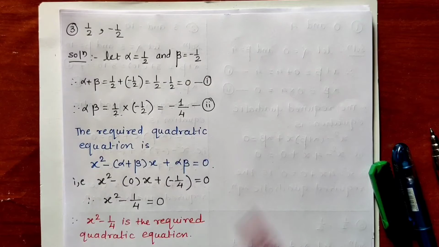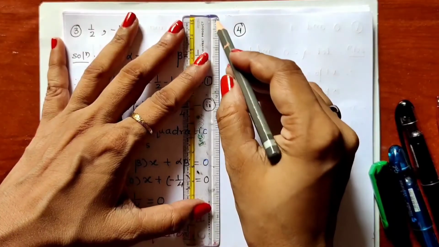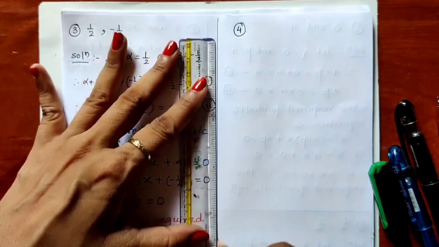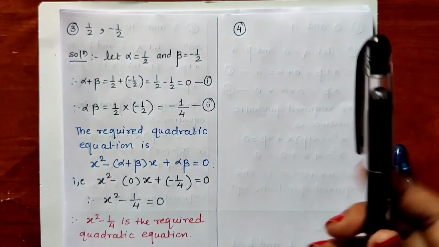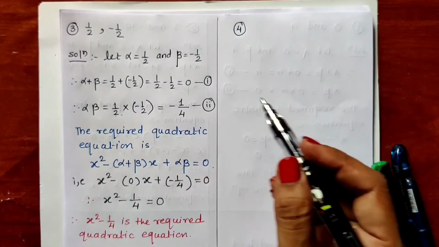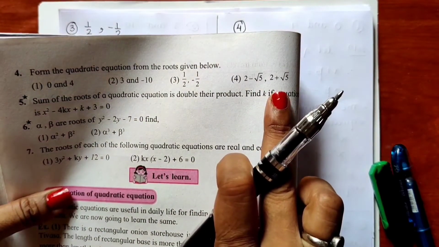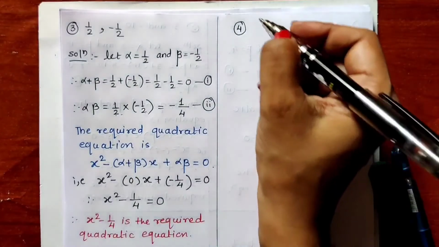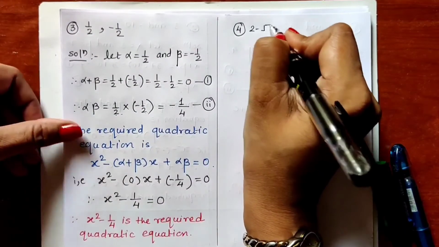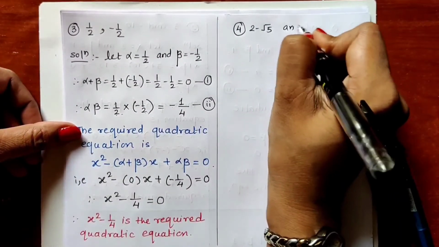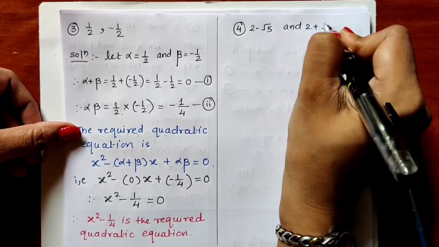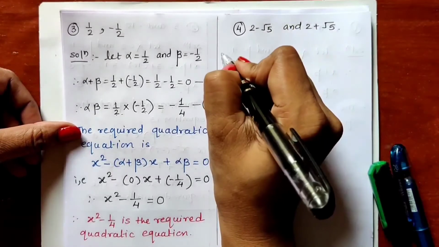Now let us go on fourth sum. 2 minus root 5 and 2 plus root 5. So let us solve. 2 minus root 5 and 2 plus root 5. Solution.